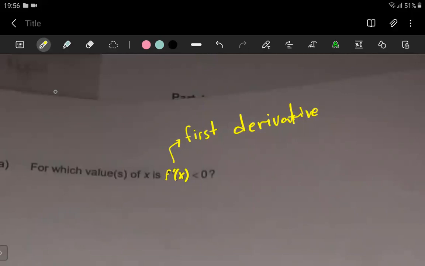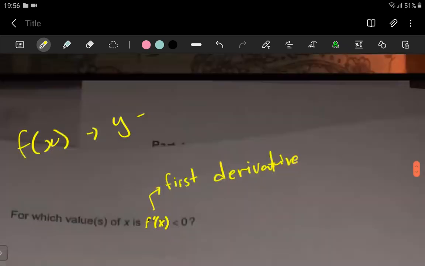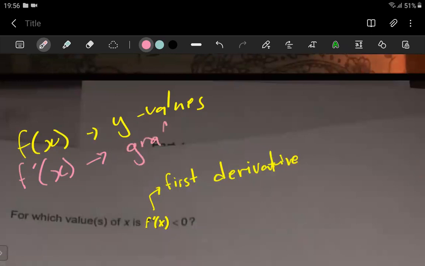Because remember, f of x represents y values. You see, this represents y values. But then what does f prime represent? It represents gradient. So that's what you want to always just keep in your mind. I'm just trying not to confuse this with inverse.